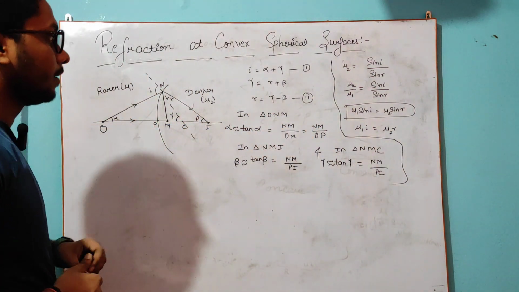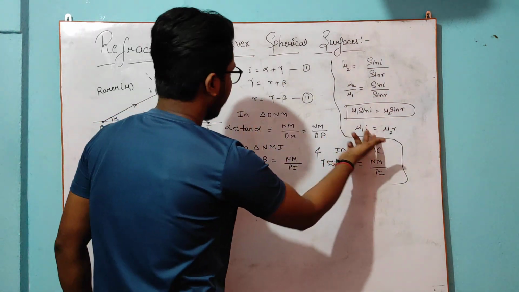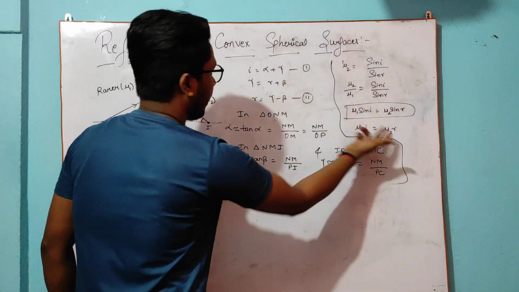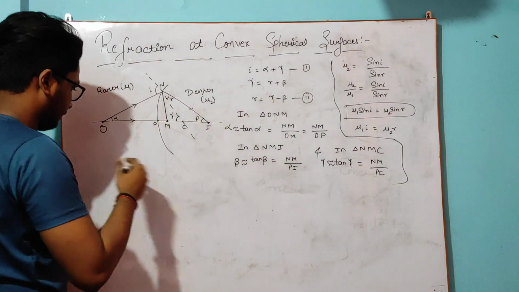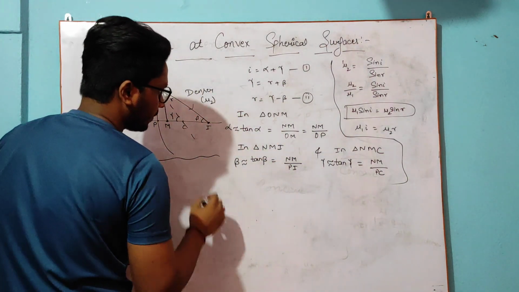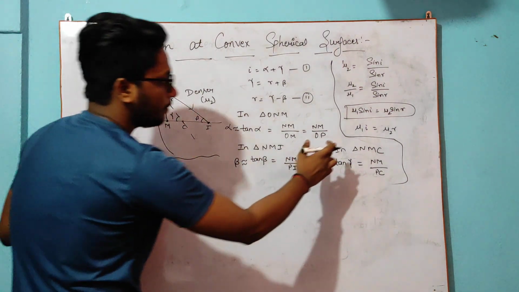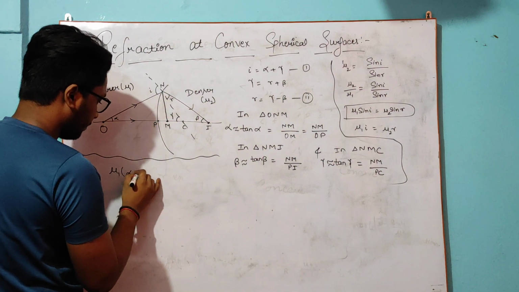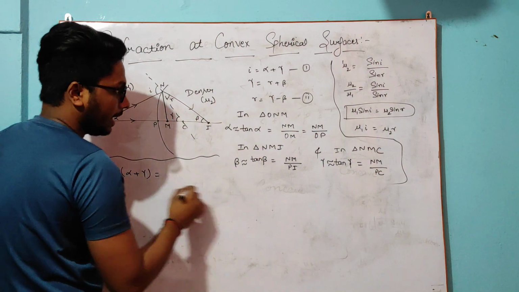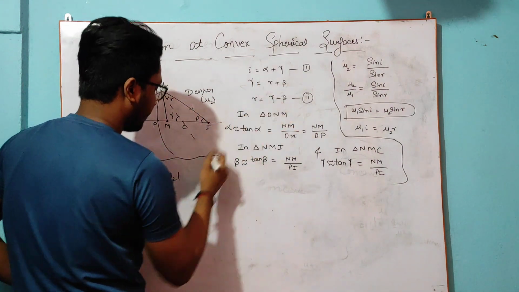Now put in the value of I and R from before. mu1 times I, which is alpha plus gamma, equals mu2 times R, which is gamma minus beta.